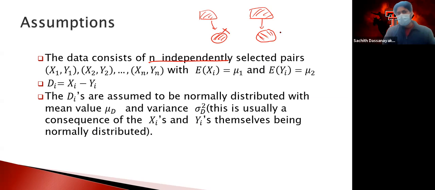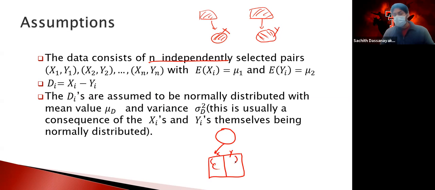We call this capital X, this capital Y. They are totally independent. But now what you have is a sample that has two values. This is your X, this is your Y. They are like pairs.